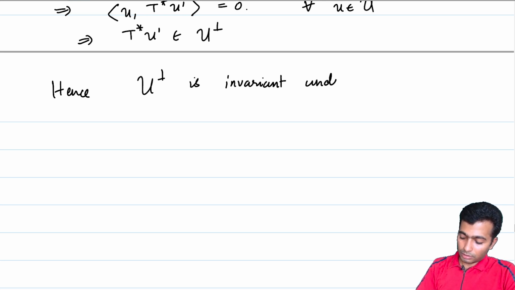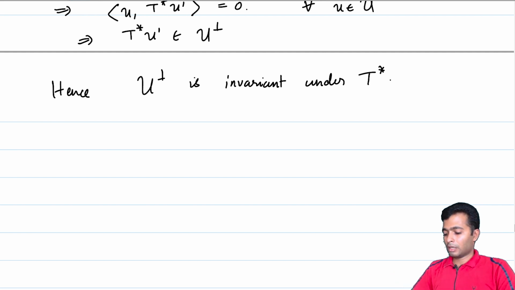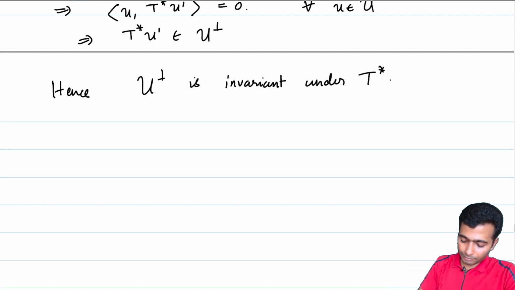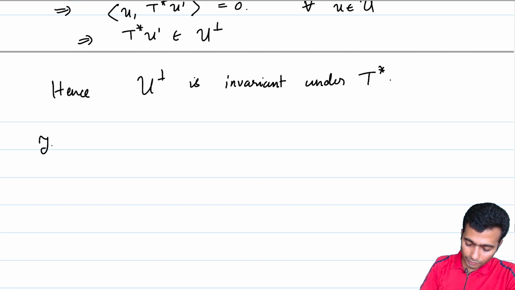To prove the converse, let me just say that the orthogonal complement of the orthogonal complement of U is equal to U, and the same proof works there as well. So to prove the converse, this was an assignment problem. I hope you have done it.